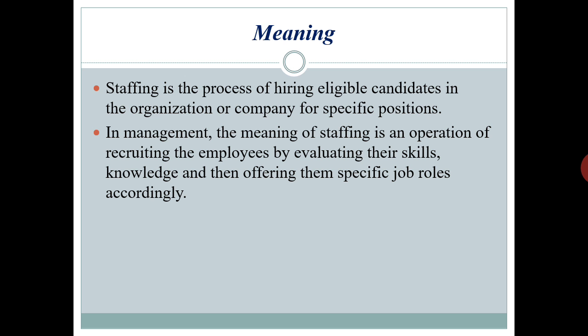All these people have certain job roles and positions in the organization, so you need to hire these people. Whenever you offer jobs to individuals, this process itself is included in staffing. So what is staffing? Staffing is the process of hiring eligible candidates in the organization or company for specific positions.